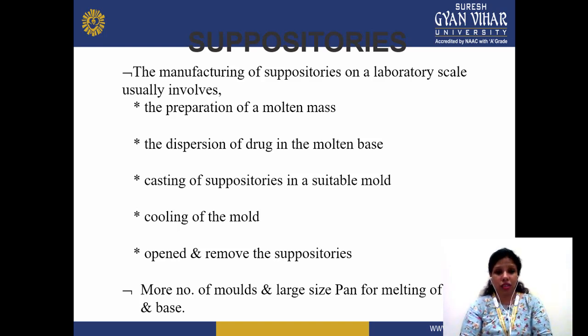In the case of suppositories, there are multiple steps in the laboratory preparation. The first one is the preparation of a molten mass. That is, first we need to prepare the mass, which means we melt the base which we are taking.